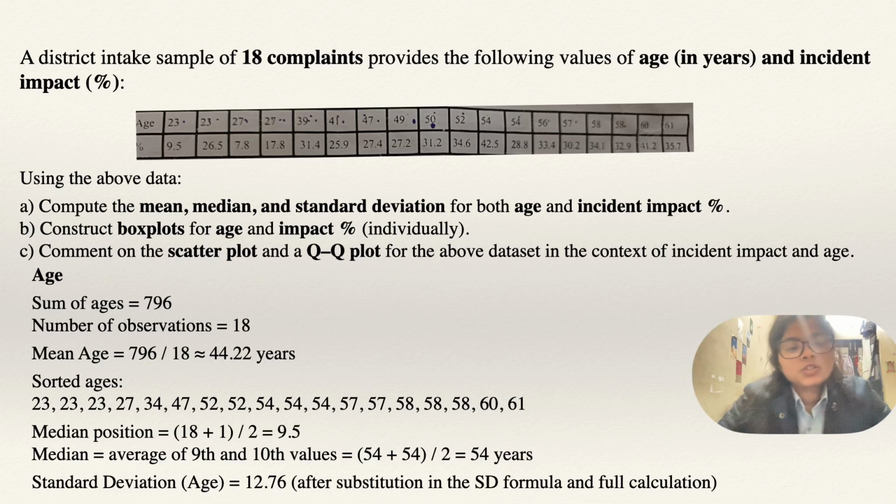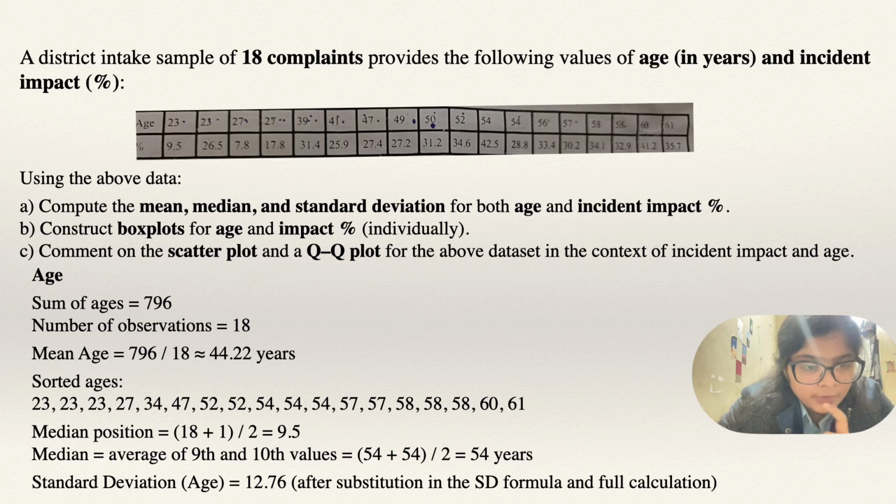So the median position turns out to be 9.5. So the average of the 9th value and the 10th value will be 54 plus 54 divided by 2. So 54 years.